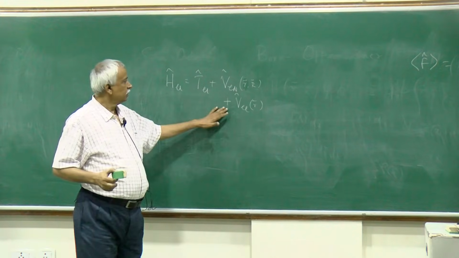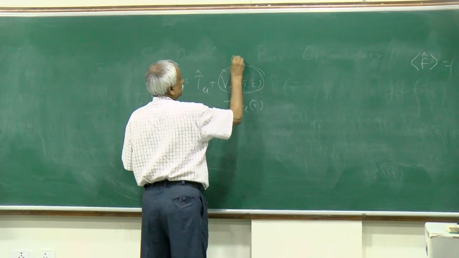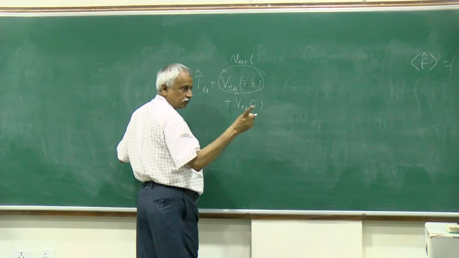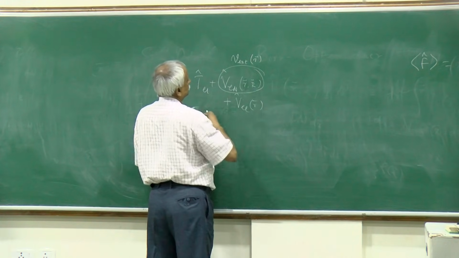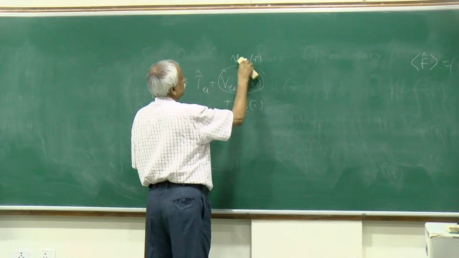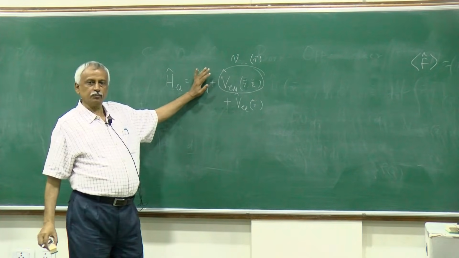And this one, you remember, Manoj has talked about as V external, or sometimes we don't write the word external, small v as a function of r. This is what we call the external potential to the electron.